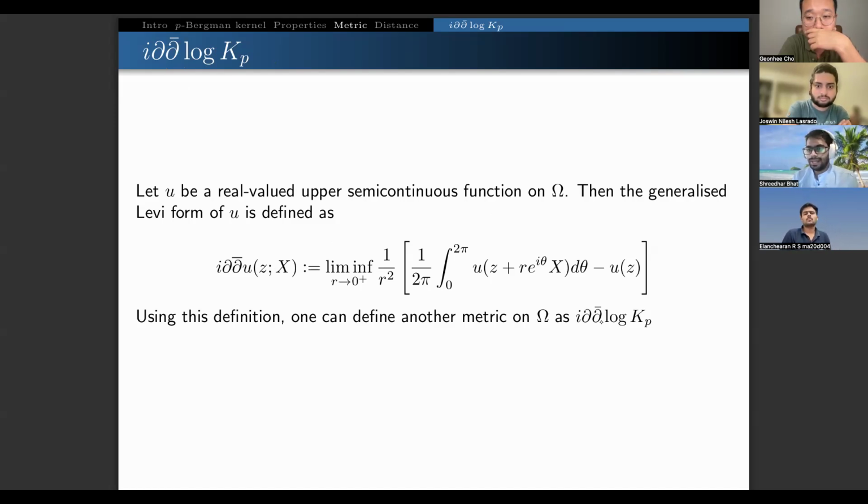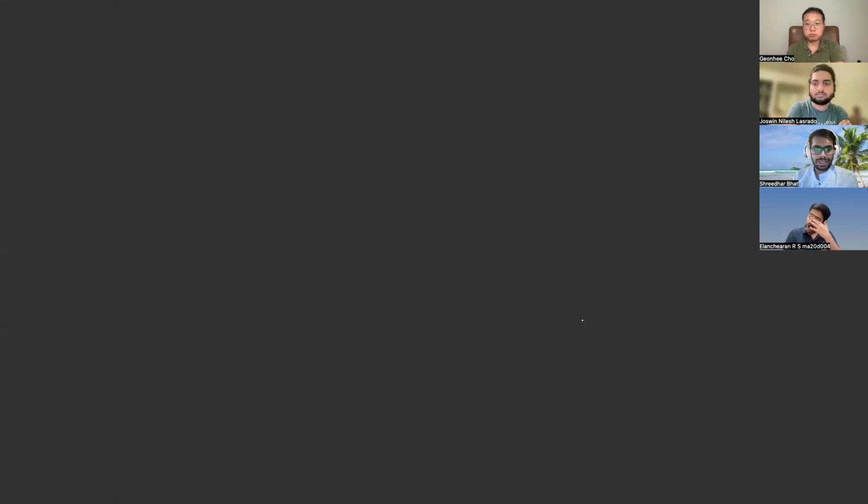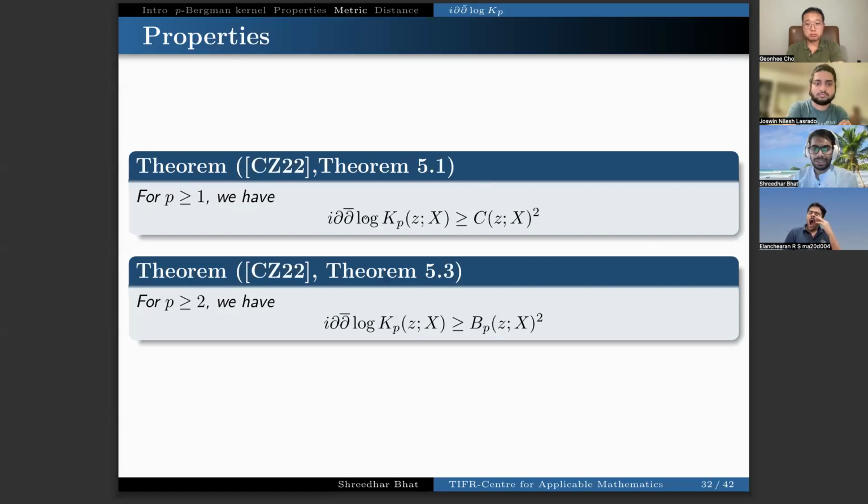So i∂∂̄ of log K_p will be a metric. Again, there is this comparison result. For any p bigger than 1, we have this i∂∂̄ log K_p will be bigger than the Carathéodory metric. Also, when you restrict yourself to p bigger than or equal to 2, this will be bigger than the p-Bergman metric that we defined earlier.